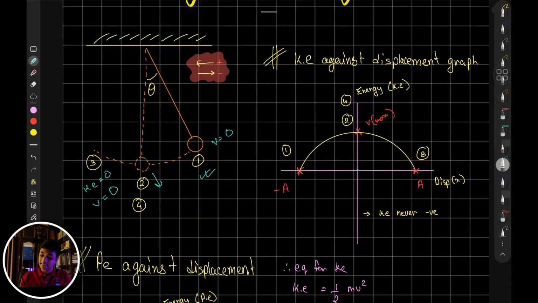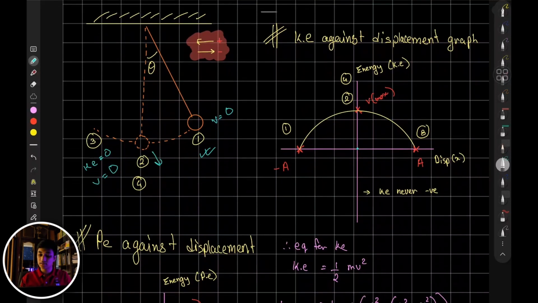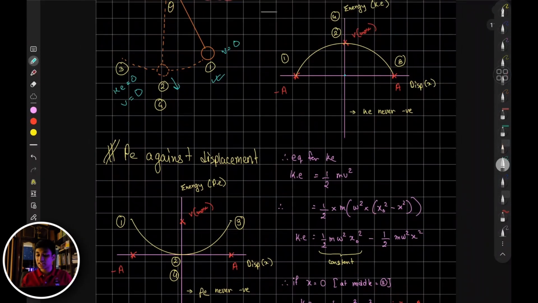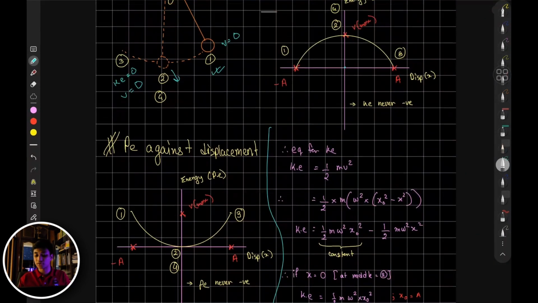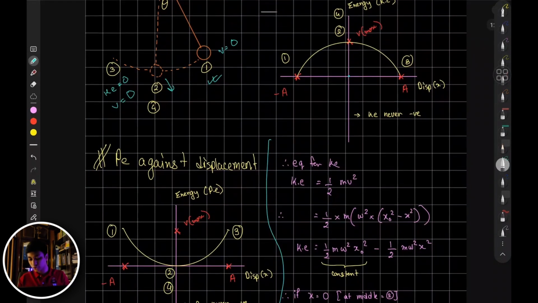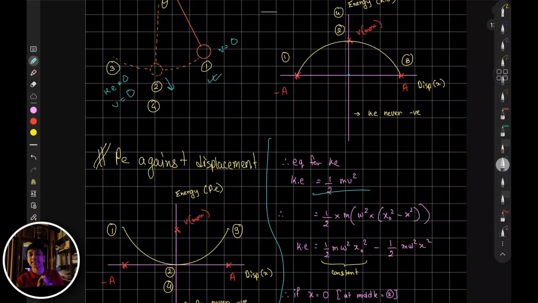Now, how are we getting this shape of the curve? Obviously, there must be an equation, and you don't need to know the equation and the derivation. However, I'll go through it. So for the equation of kinetic energy, you know the main equation for kinetic energy, which is half mv squared.